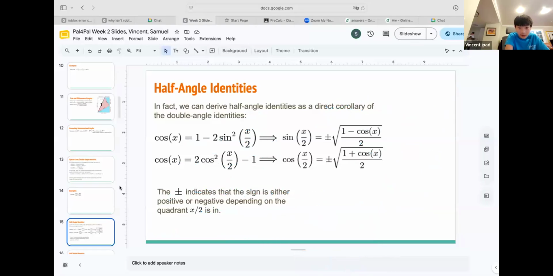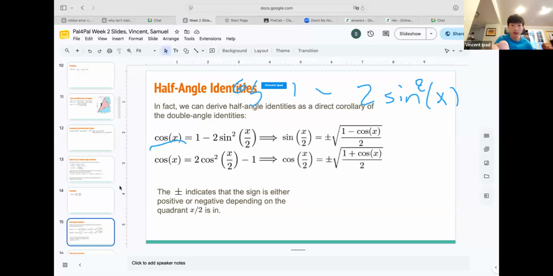Okay, last thing is gonna be half angle identities. Here you're just gonna plug in x over 2 into your double angle. Okay, so let me write this out.